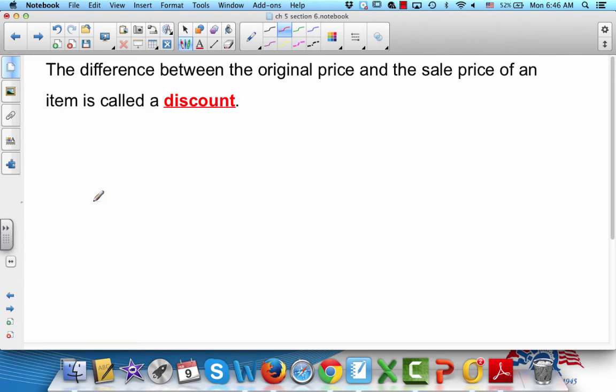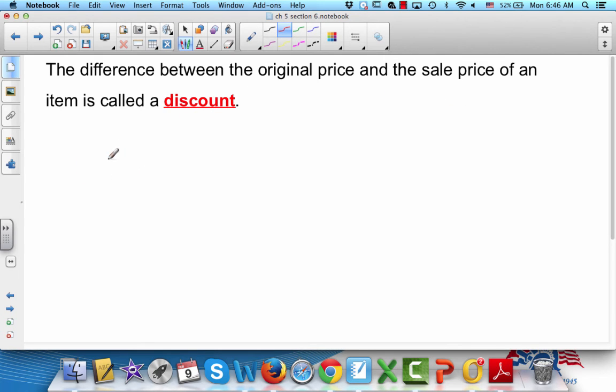Sometimes when you go into a store, they're having sales, and they'll tell you that they have a discount, and a lot of times it'll be a 25% discount, a 10% discount, or something like that. Well, how do they find that percent discount? The difference between the original price and the sale price of an item is called the discount.